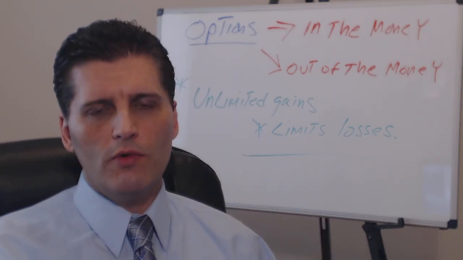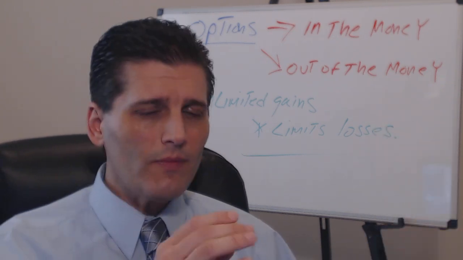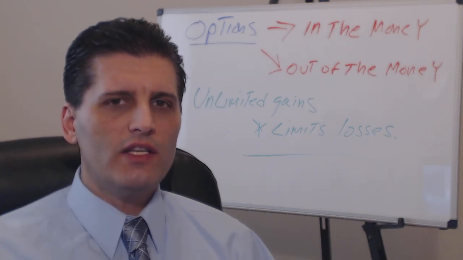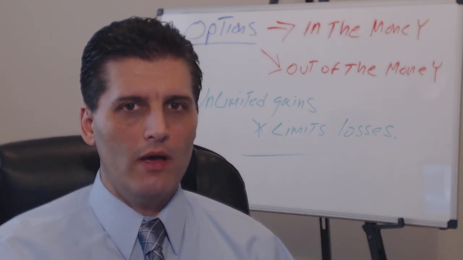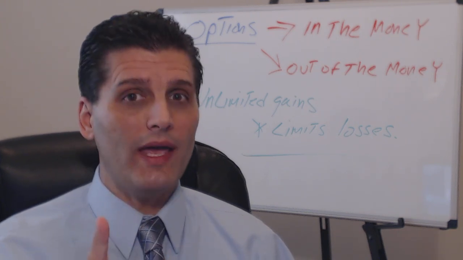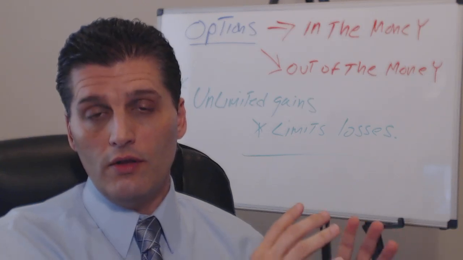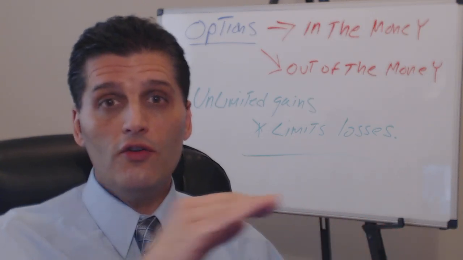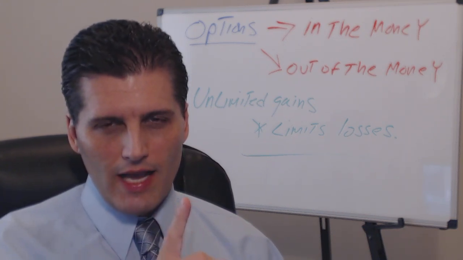Let's talk about why someone might want to adopt an out-of-the-money strategy. An out-of-the-money strategy basically works like this. You're buying time. You're buying time hoping that whatever asset you're looking to purchase here as the underlying will hit its strike price. You got it?